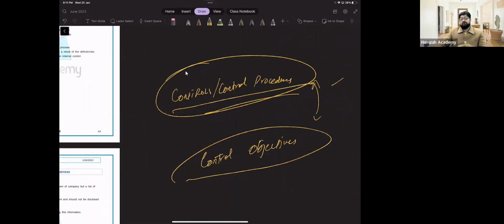Which one is more important, objective or procedure? Think and tell me. Yes, because objectives have to be achieved.